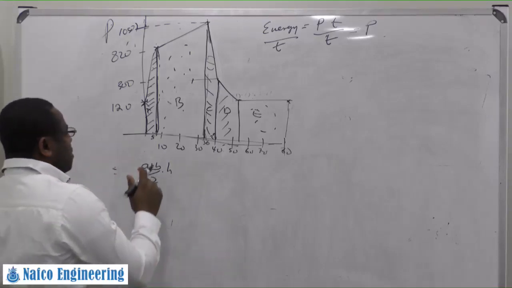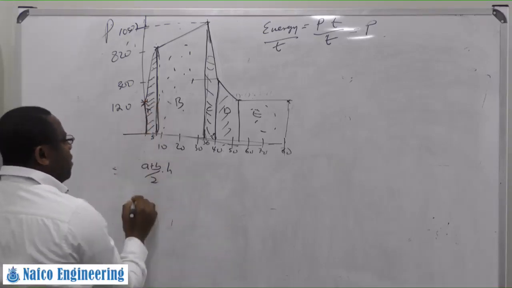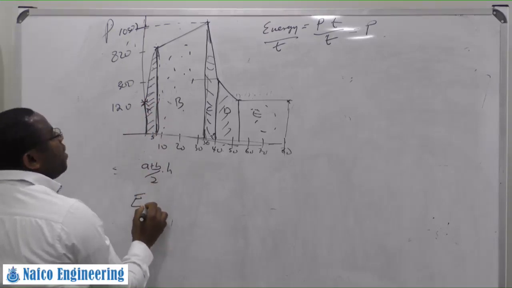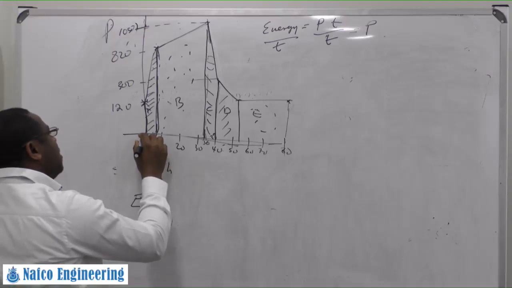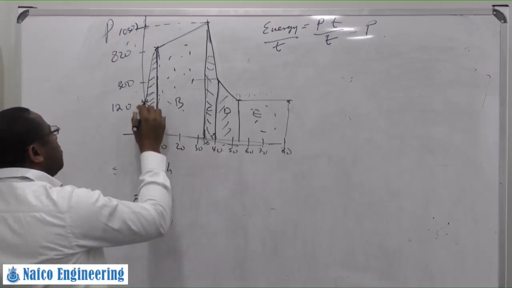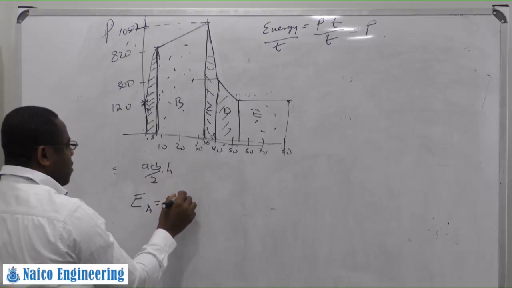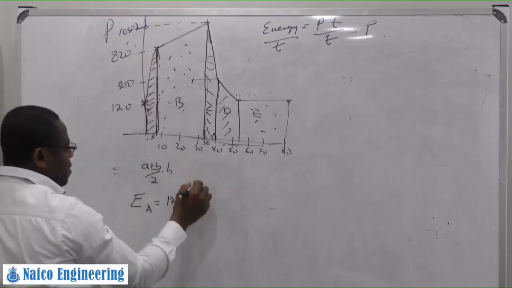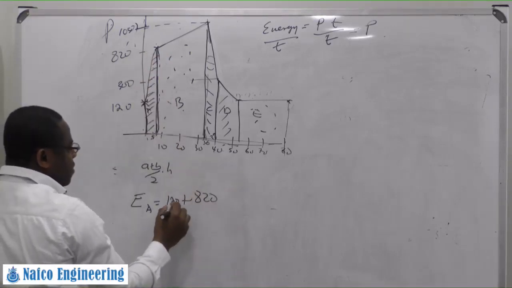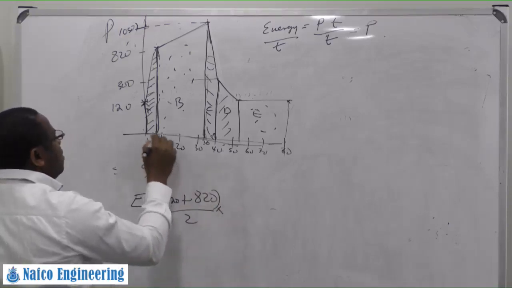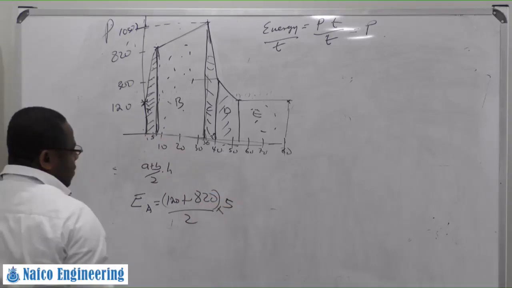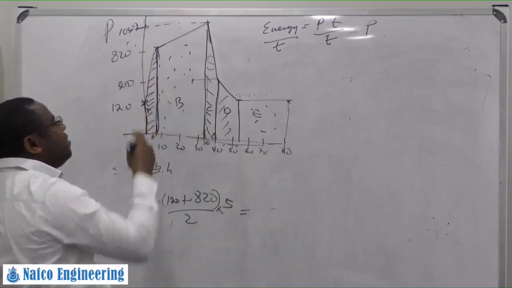Now, if I want to get energy for A, I have to add this from here to here, 120, plus from here to here, 820, divided by 2 times height, 5. This will give me the energy here.